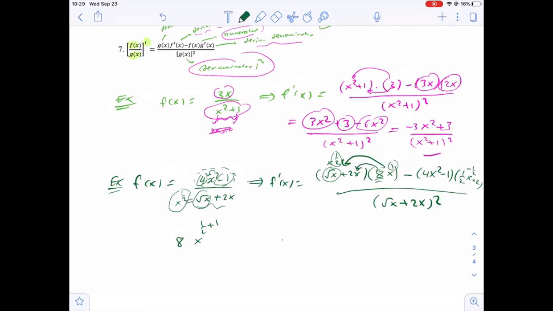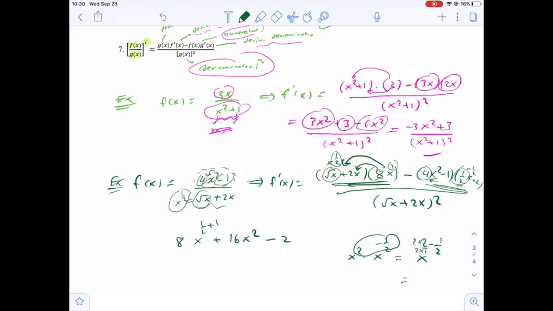Okay, and then we multiply 8x by 2x, and that's 16x squared. This is the first part. The second part here, we multiply 4 by 1/2, and that's 2, and then x squared by x to the power negative 1/2. So we find the sum of the powers, 2 minus 1/2.